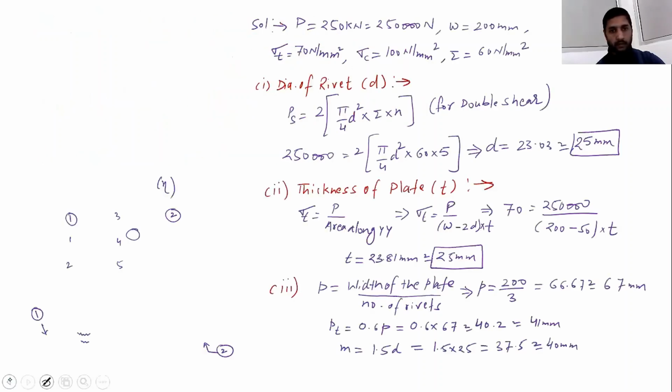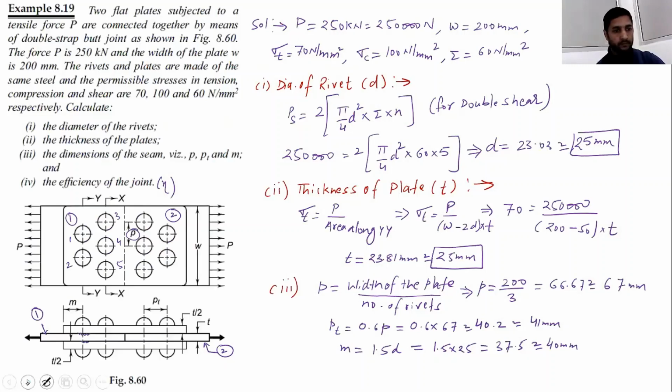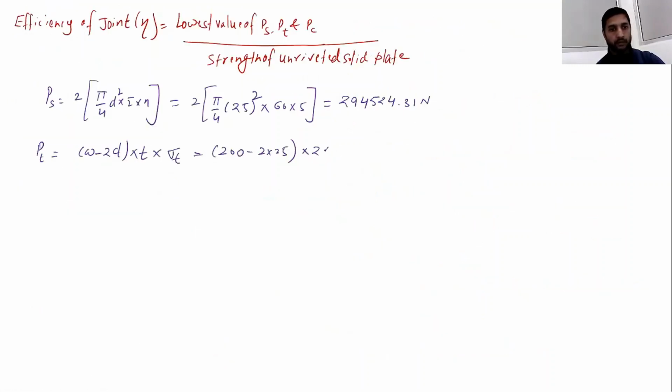Okay, 25 into sigma T, we have 70 Newton per mm square. और जब इसको आप solve करोगे, your PT is coming to 62,500 Newton.